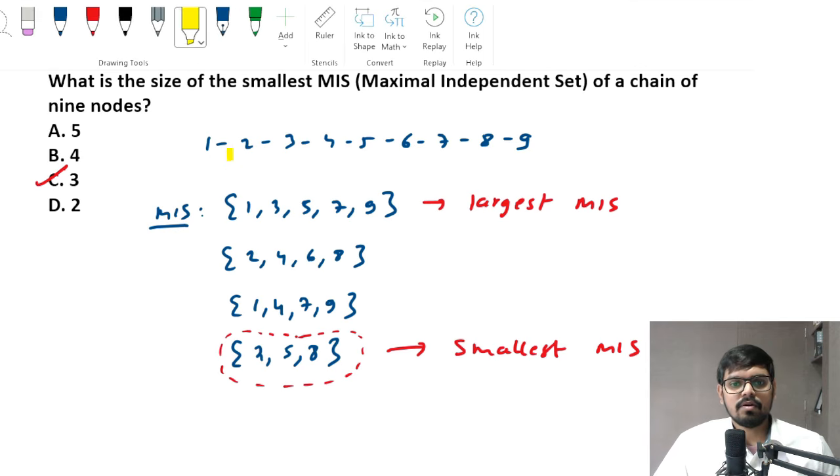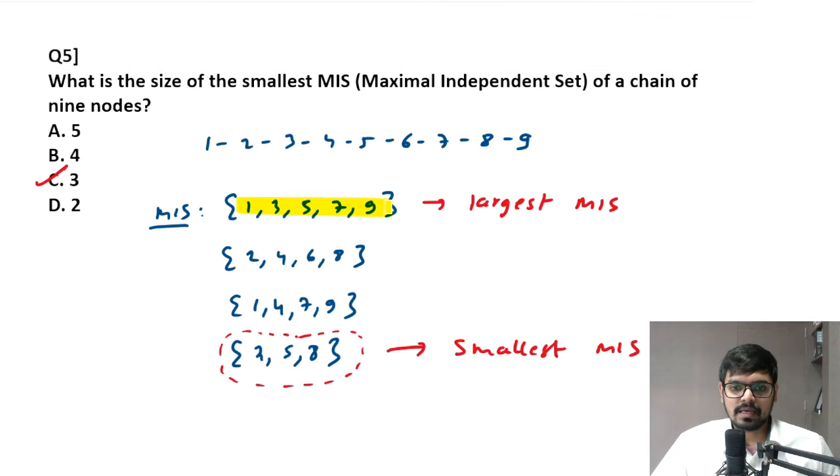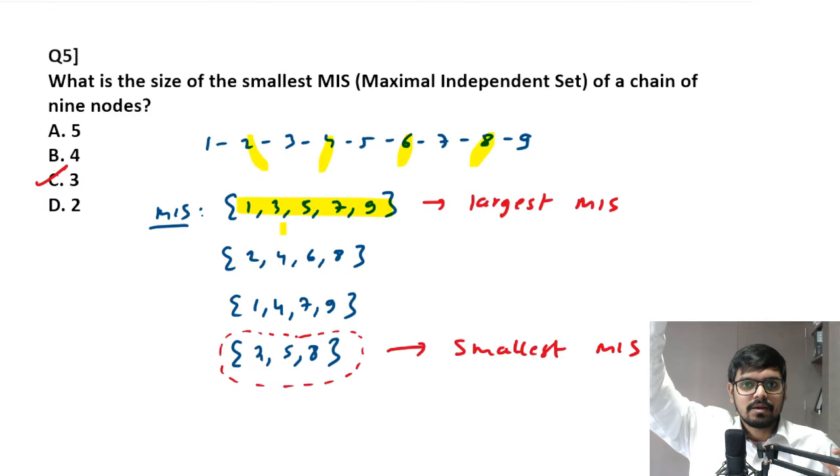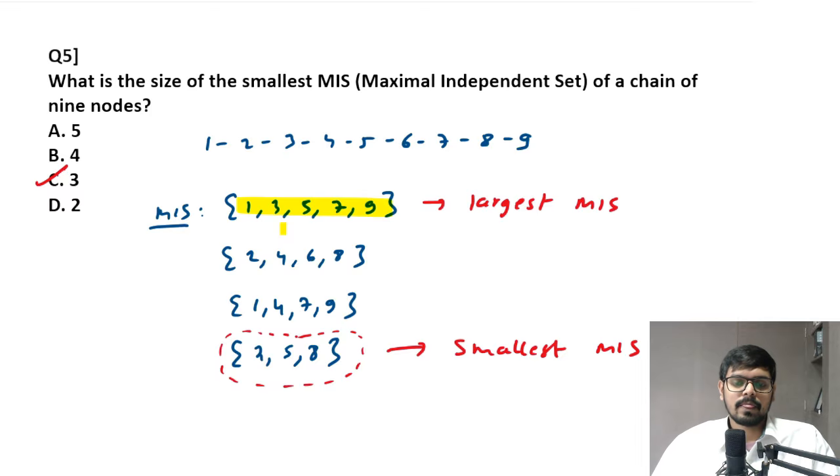This is a set of independent vertices, because if you try to add any other vertex, you will find neighbors among 1, 3, 5, 7, 9. So no other vertex can be added to this set. Therefore, this is a maximal independent set. This is what the definition of maximal independent set said.